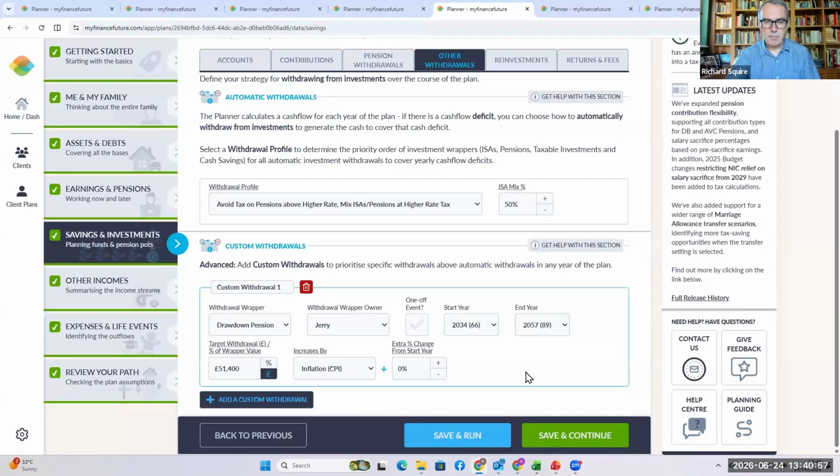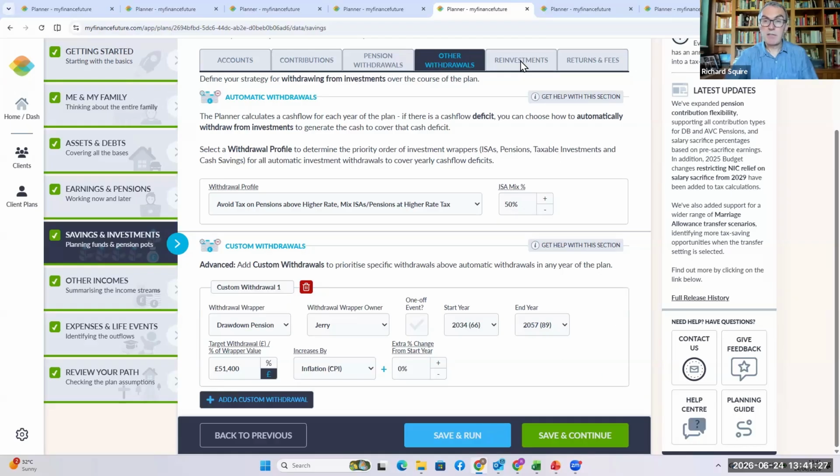What I've done, and this took a little while by trial and error to work out the right amount to withdraw from Jerry's pension, but the best results seem to be forcing the planner to take out about £50,000 of withdrawals, and the remainder following this automated profile, so that more of the money comes out of Jerry's pension during the retirement period.